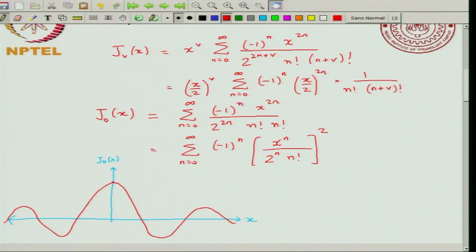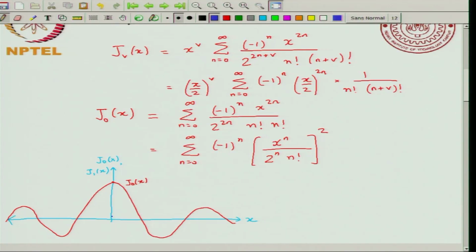And if you look at J_1 of x, it will look slightly different. If I also want to show J_1 of x on the same graph, this is my J_0, and for J_1 of x I will use a different color.